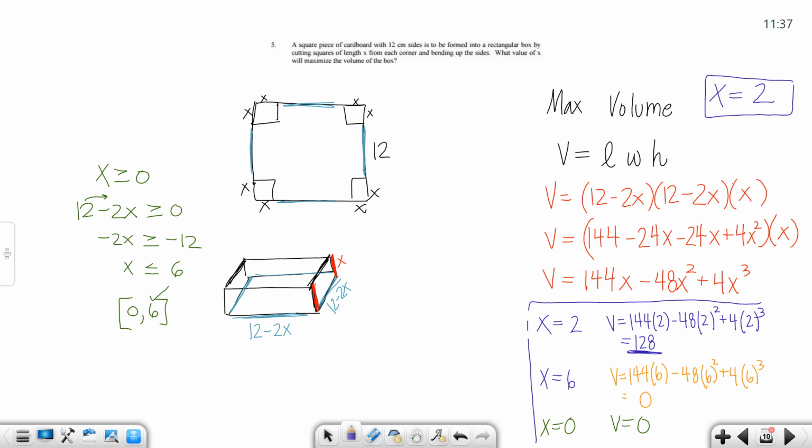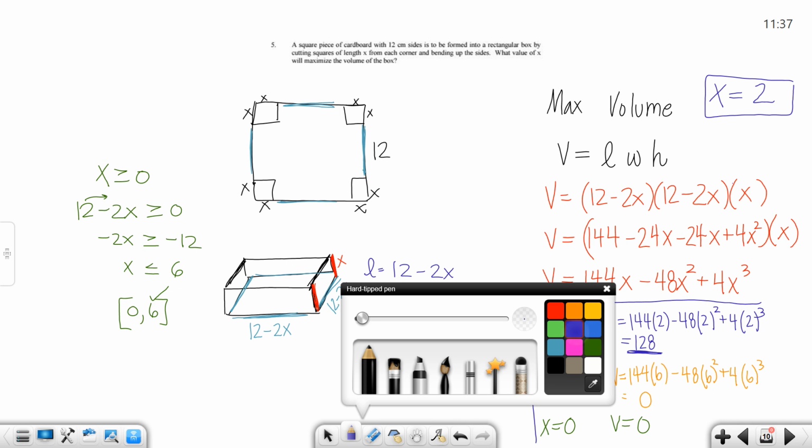Now let's go ahead and attack any question that you would get here. So it might ask you what's the value of x. It might also ask you what are the dimensions of the box. Well, this box has size 12 minus 2x, 12 minus 2x, and x. Those are your dimensions, length and width and height. So if it asked you for the dimensions, which it didn't, you could plug 2 into these values.